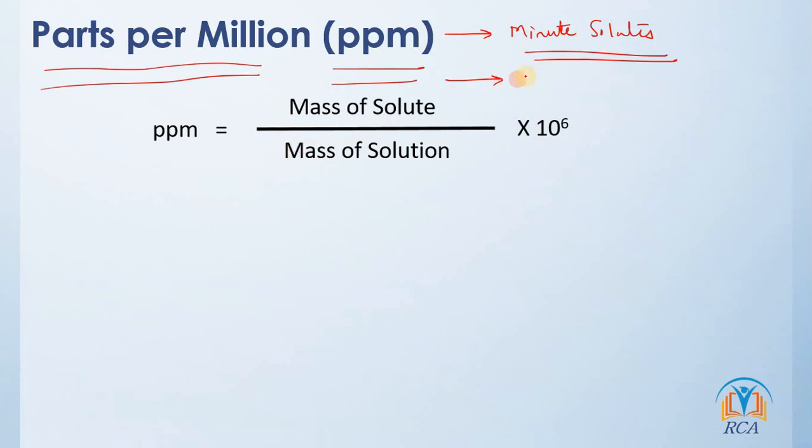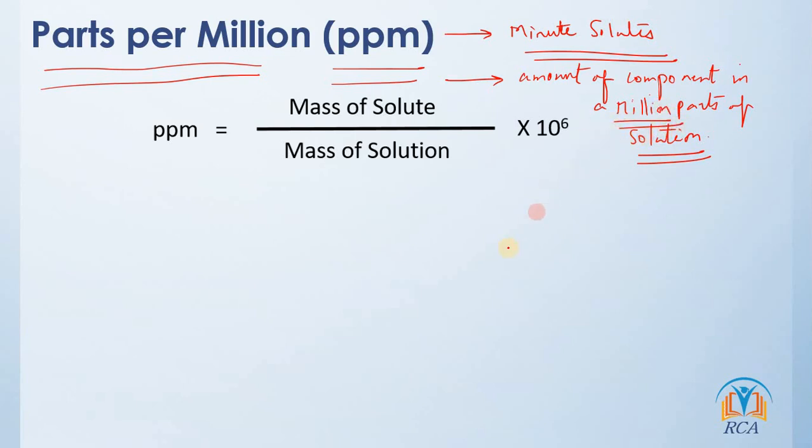And how will we define this? This is going to be the amount of solute, or amount of the component, any component that we are talking about, in a million parts of solution. So rather than talking about a smaller part, we are talking about a million parts. Why a million parts? Because obviously the minute particle will be quite less as compared to the entire thing.